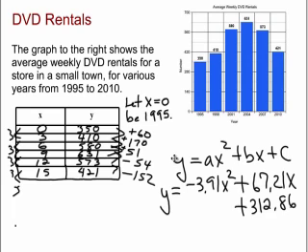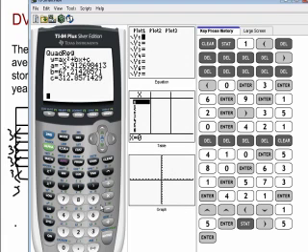That's going to be a quadratic model that will model this data. And I'm going to go back to the calculator and show you how when I graph this, it will fit our data points.